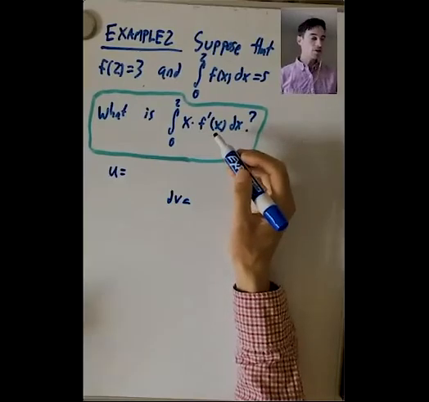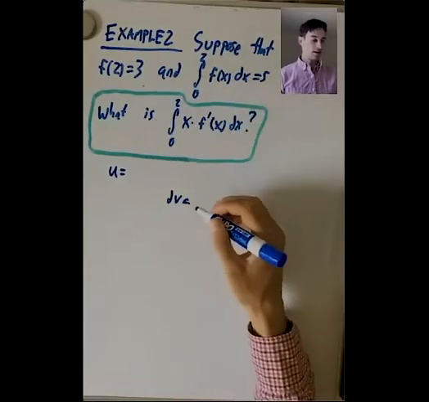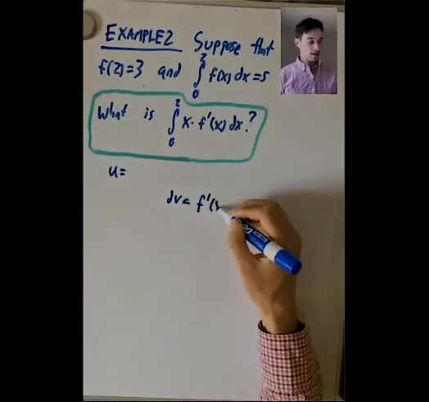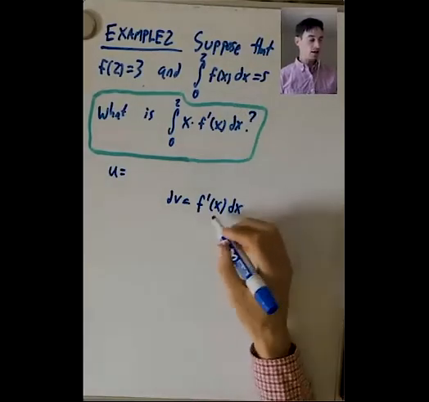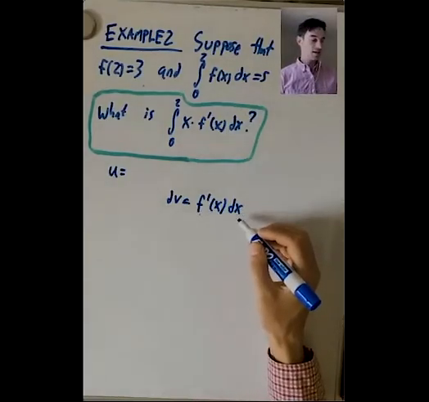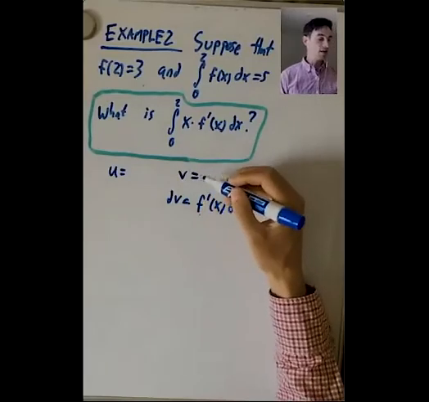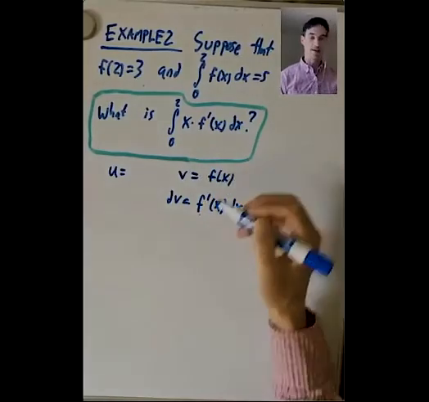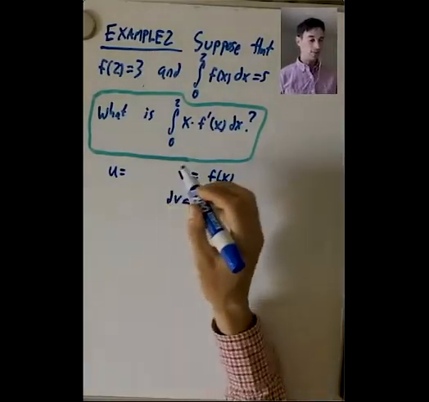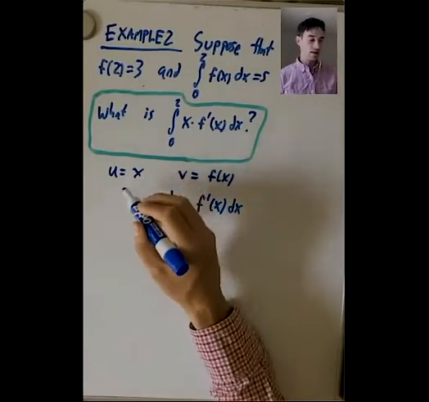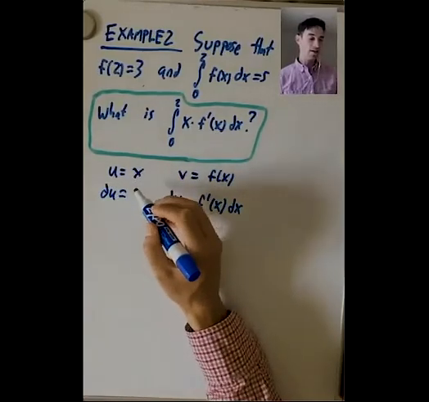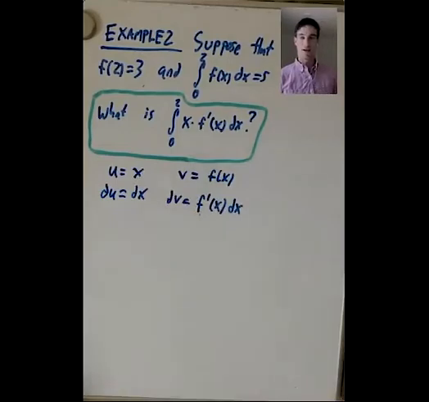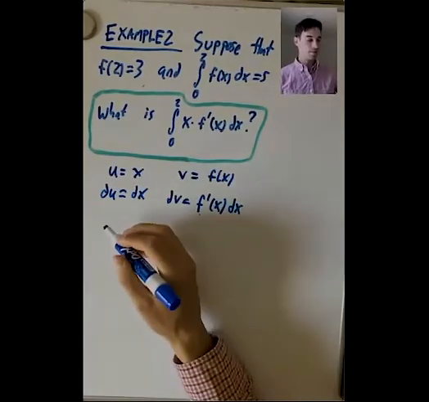But we do know some stuff about the function f of x. So that's a good hint that you should set dv to be equal to f prime of x dx, because then v you can let be equal to f of x. So then if you make that choice, u has to be equal to x. And this is nice because it gets simpler when you differentiate.